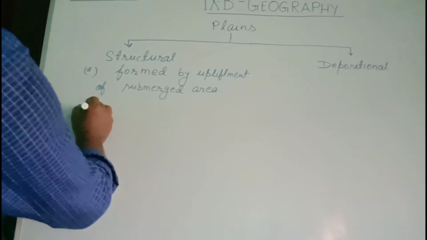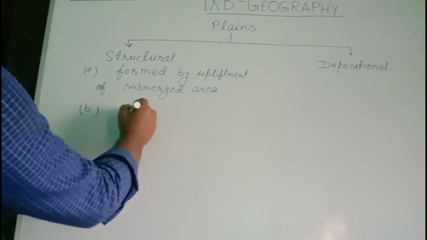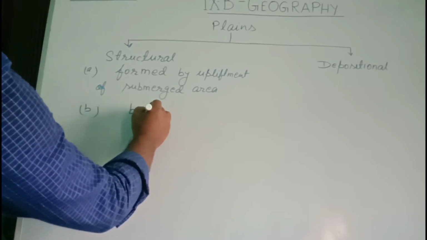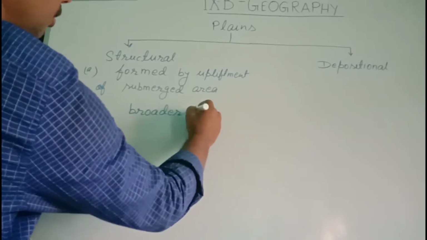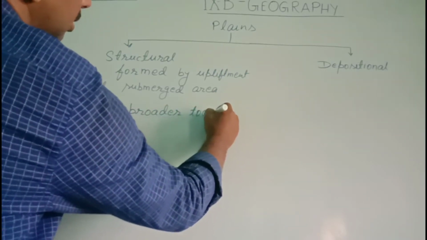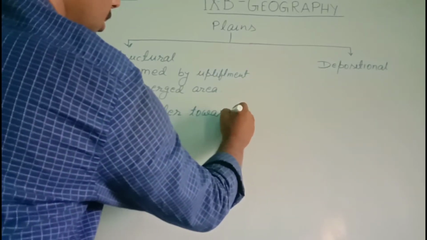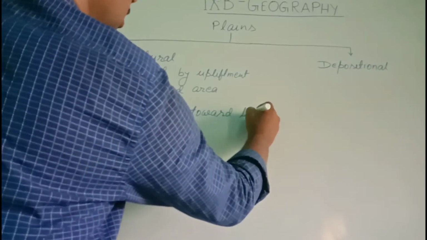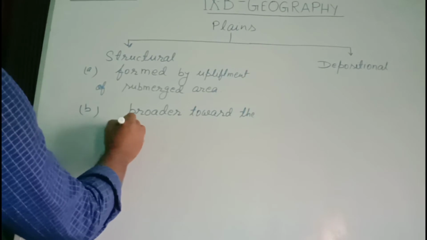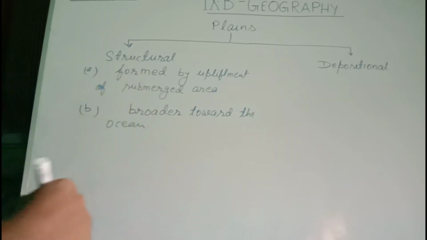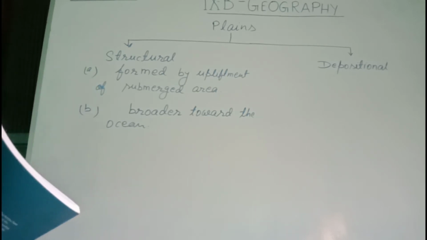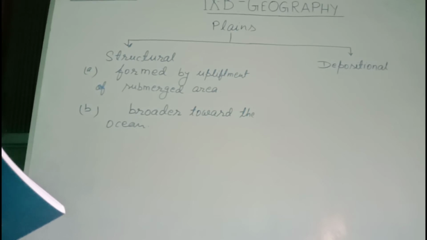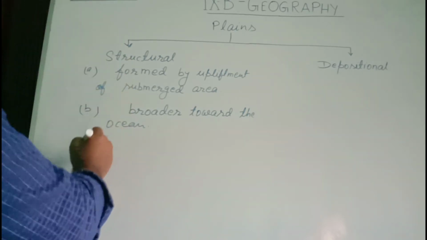Second feature, this is broader towards the ocean, means its width increases towards the ocean, forming different features such as beaches, sea.